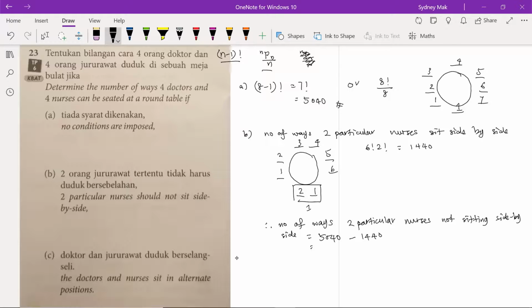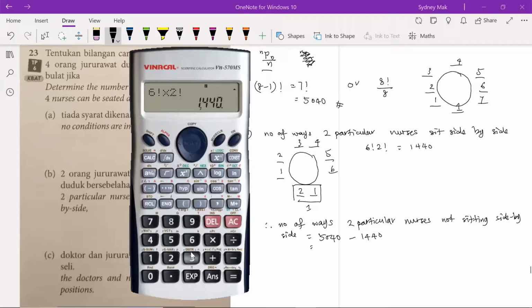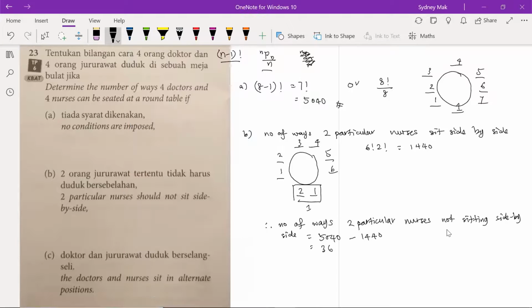Let's calculate mentally. We get the answer 3,600. Okay, that's for B.